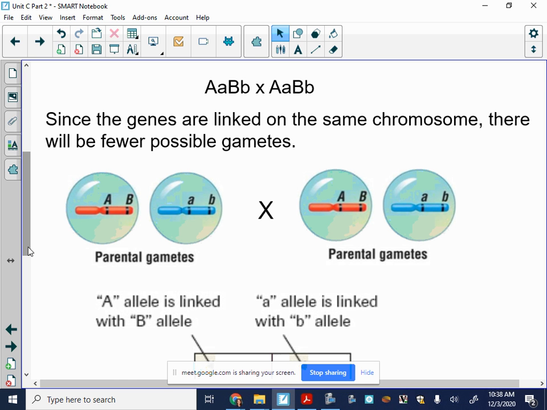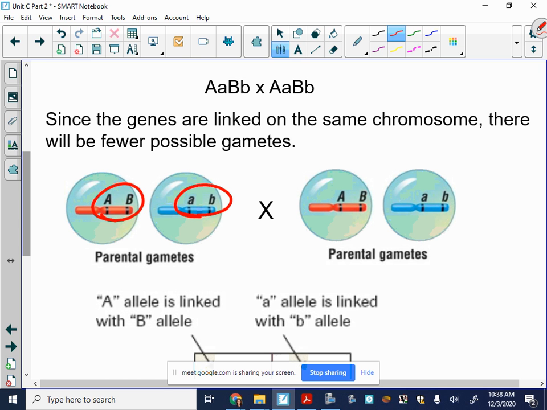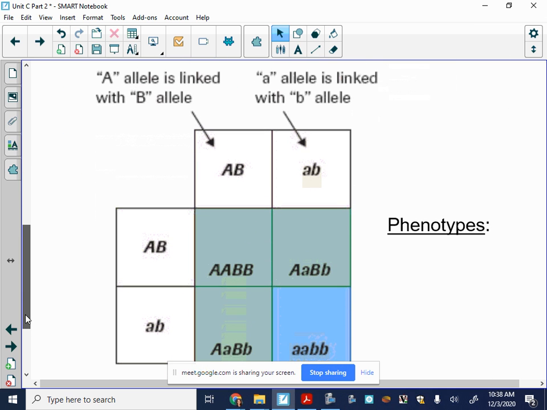Since the genes are linked on the same chromosome, there were fewer possible gametes. So your gametes look like this. The dominant genes travel together, the recessive genes travel together. Because of this, we've got some very predictable phenotypes.